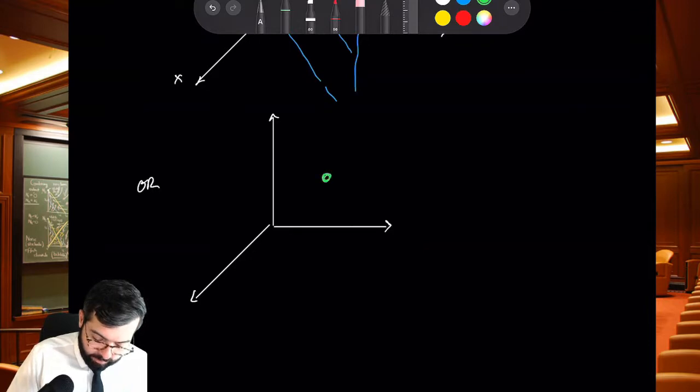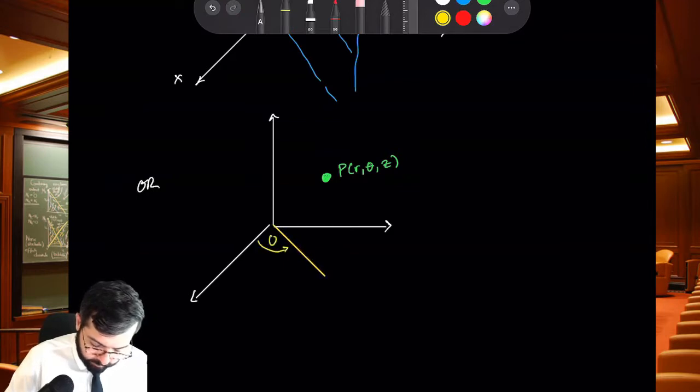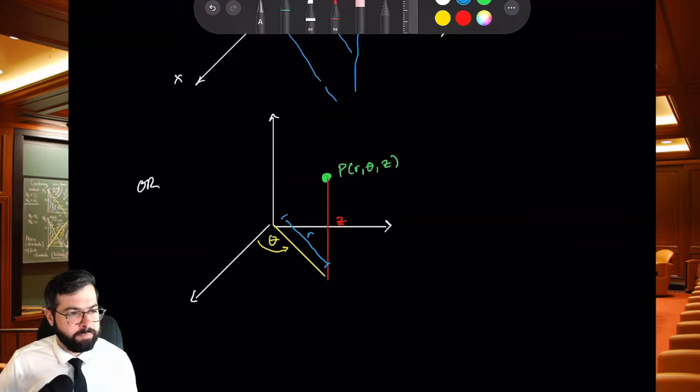If I've got some point P, it is like this, the angle theta, this distance is z, and then this length from here to here, that's r. Does that make sense? Okay.